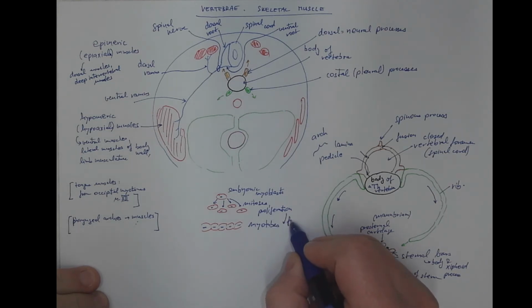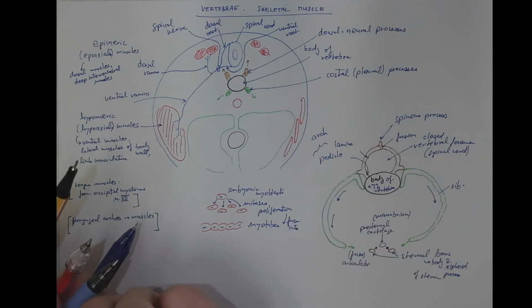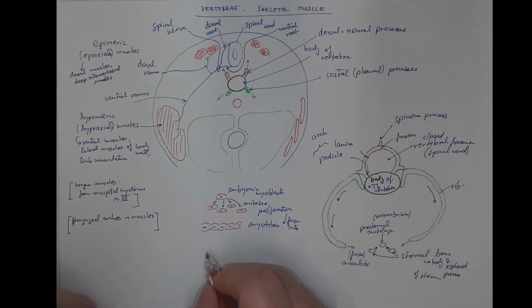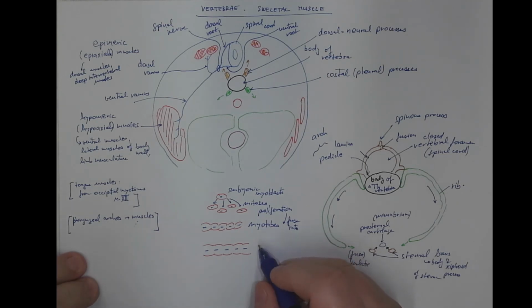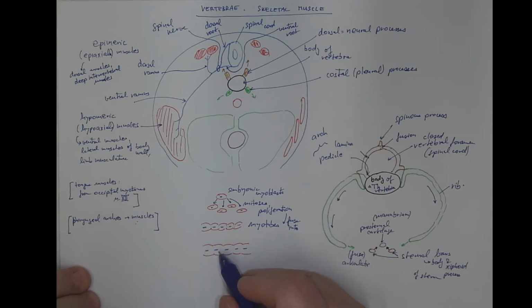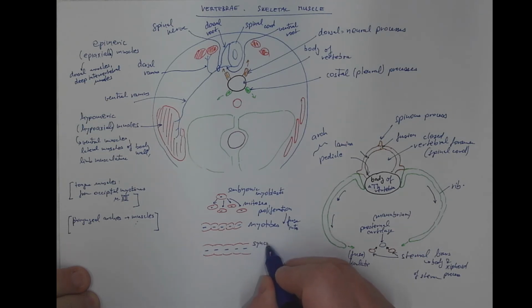So they fuse into these multinucleated structures, and as a result we got an immature structure still with the cell nuclei in the center that will express the proteins of the contractile apparatus. So this will be a syncytium, a multinucleate syncytium.